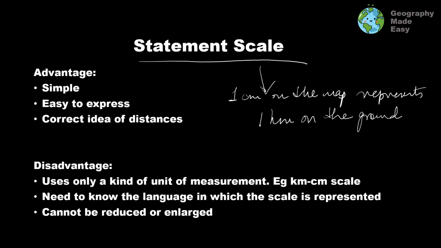In this case, we mean to say that when we write the scale down on a piece of paper and go to a photocopy shop and do reduction or enlargement, or we scan it and reduce and enlarge the map, the scale doesn't change, it remains the same. So reduction and enlargement does not affect the scale.